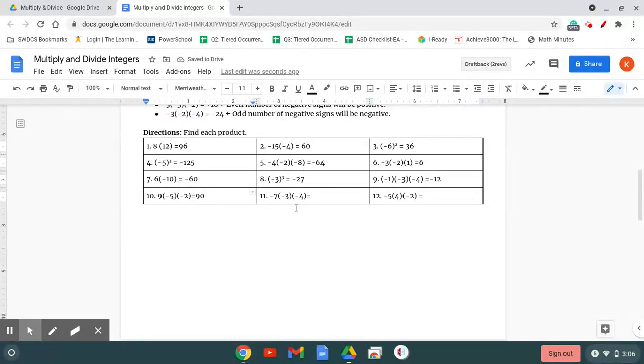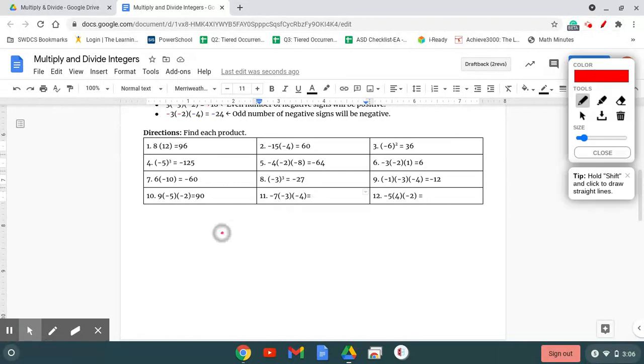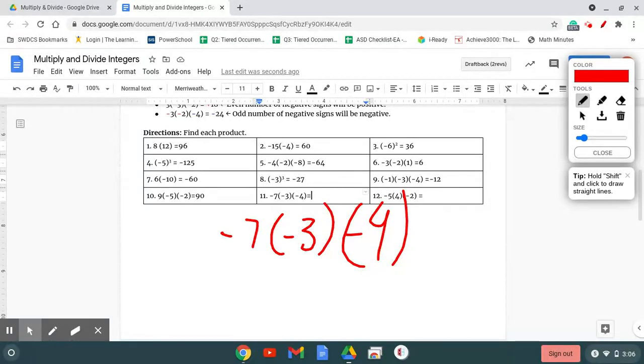All right, try number 11 on your own. Okay, so you should have written this down and showed your work. Okay, for this one, I'm looking at my numbers and there's nothing that's going to come out super nice. So it doesn't matter which order you multiply your numbers.